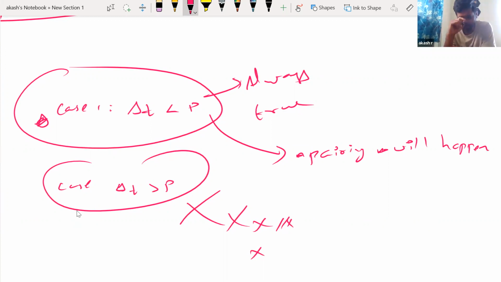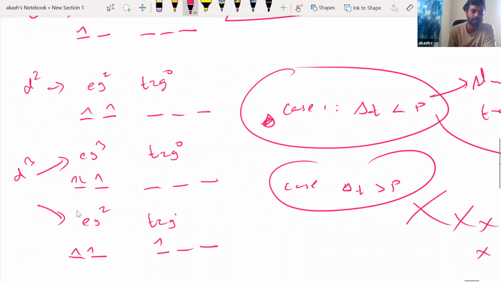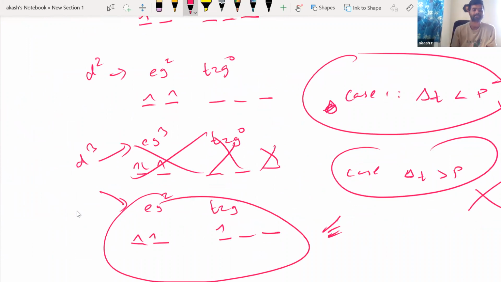Whatever the ligand, whether it's a strong field ligand or a weak field ligand, there is no case of pairing happening in tetrahedral complexes. Again and again, I'm repeating: there is no pairing happening in tetrahedral complexes. That means this case is absolutely wrong, and this is what is going to be correct.